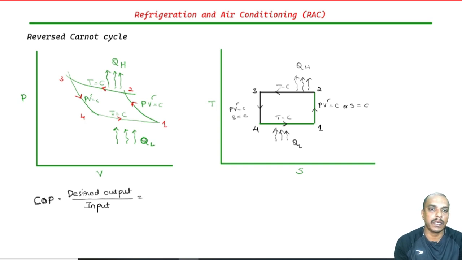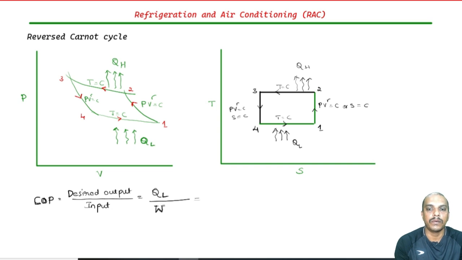In a refrigerator, heat removal is what is desired, that is 4 to 1, all right. So, desired output is 4 to 1. So, how do you write? That is heat removed, that is QL, divided by the input, which is the work we are giving. The work we are giving is between 1 to 2, that is you are giving compressor work, that is electricity to the compressor.